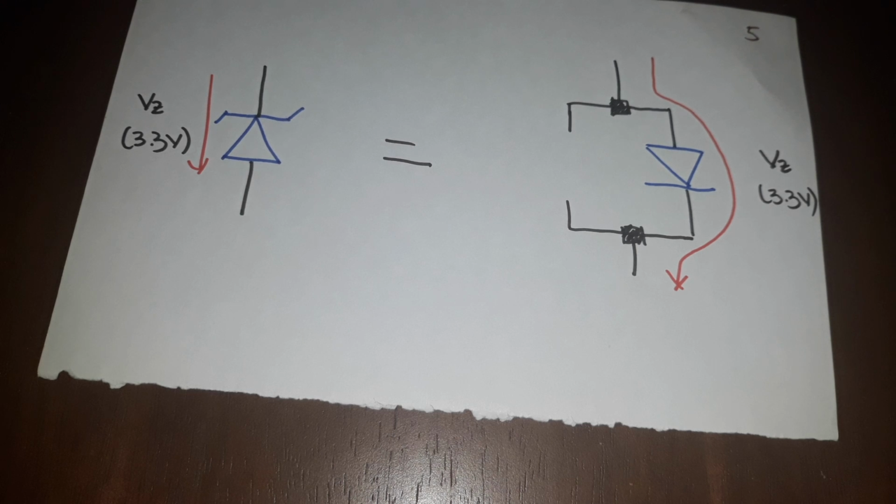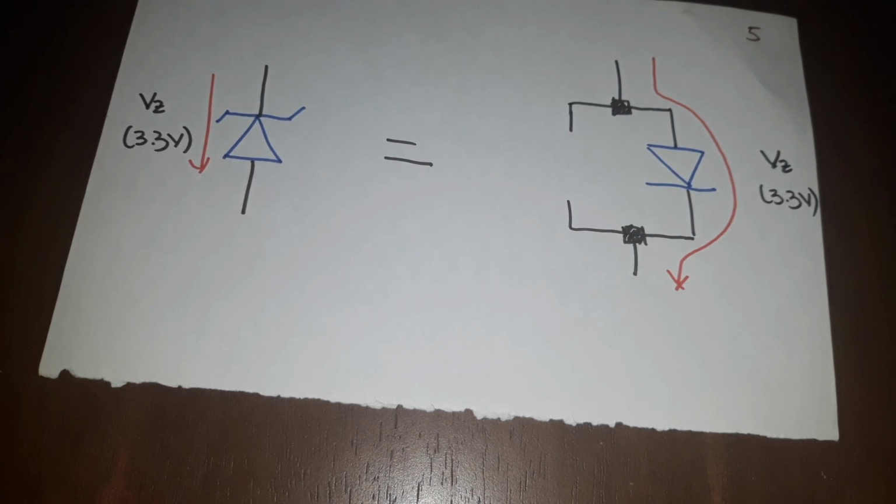But when there is sufficient voltage, current can now flow in this direction and will have a constant voltage drop of 3.3 volts. Since current is flowing backwards, we can say that the Zener diode is in reverse bias. This property of having a predictable voltage drop is what makes Zener diodes useful. If you set your circuit up just right, you can use Zener diodes to limit the voltage.